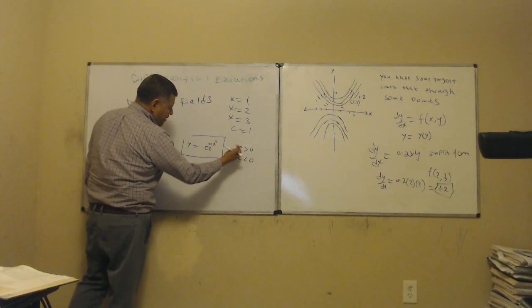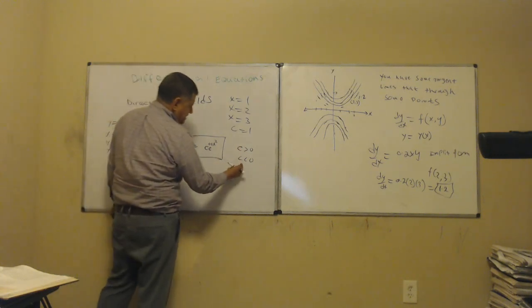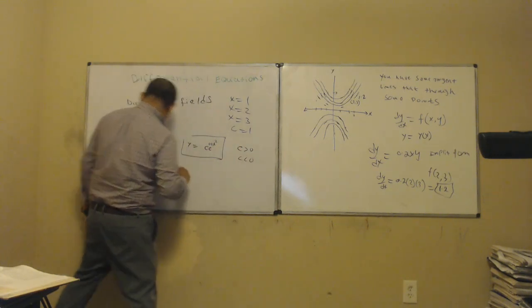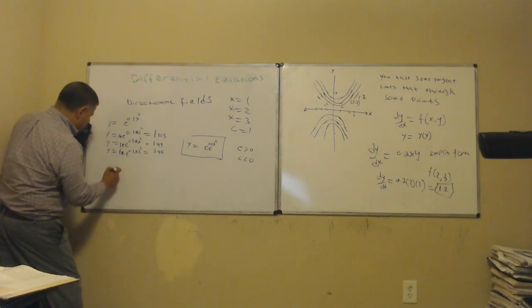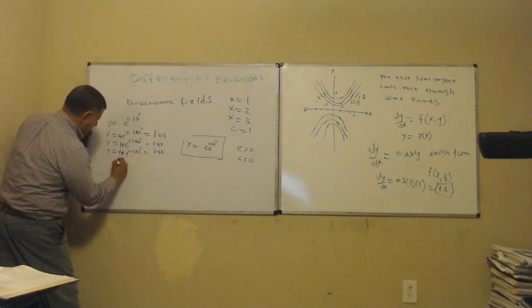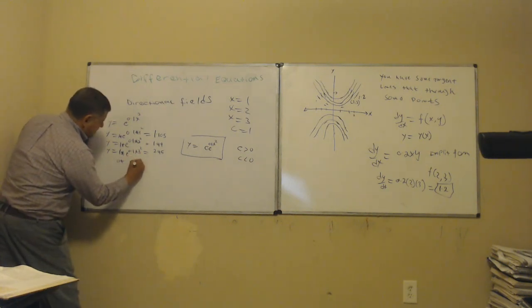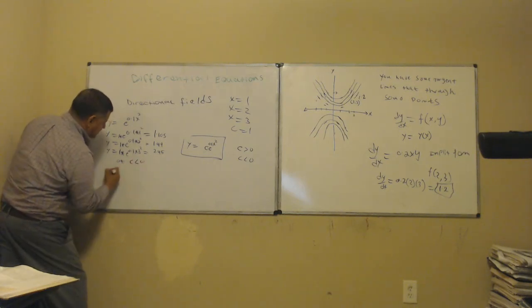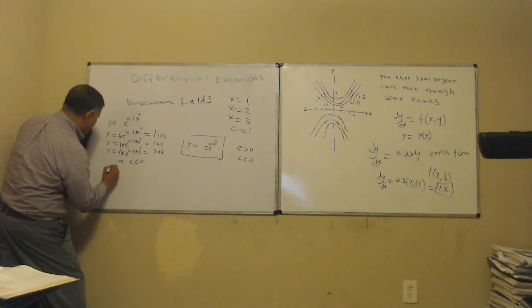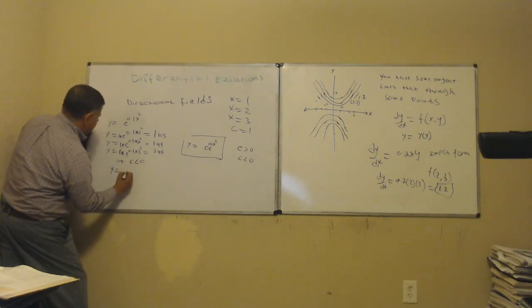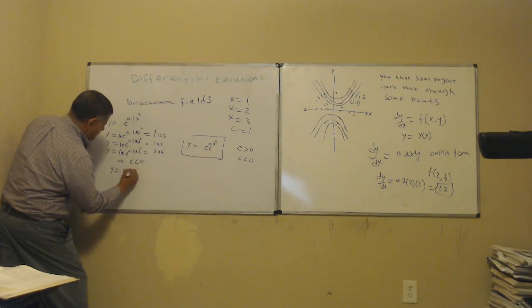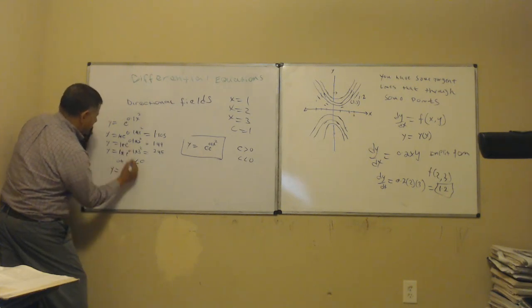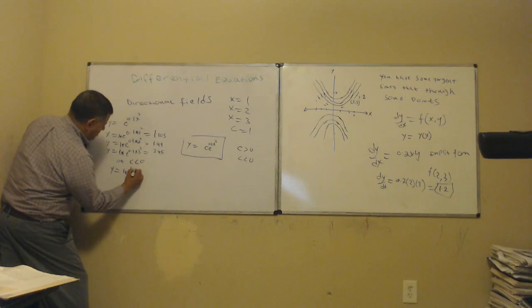Now, if I flip, if I go with the value of x less than 0, then the value of c is less than 0. The values are going to be 1 times e to the 1 times x squared, right?